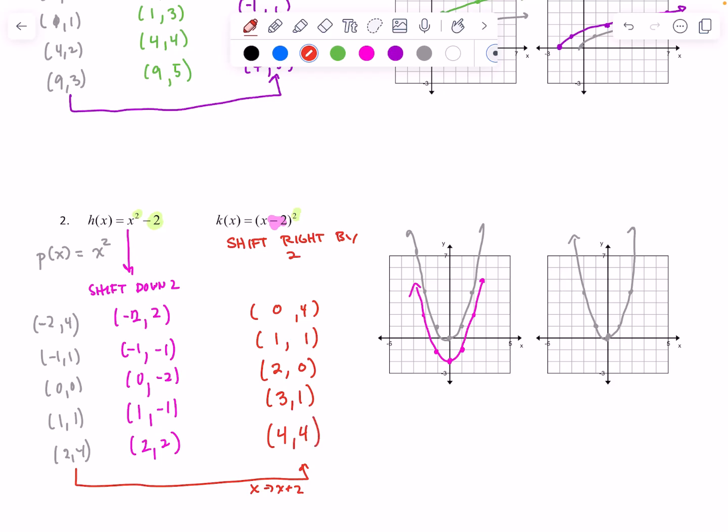So we just took each x-coordinate and added 2 to it, and now our graph looks like this. We have 0, 4, 1, 1, 2, 0, 3, 1, and 4, 4. And we can see that that shift has occurred to the right.